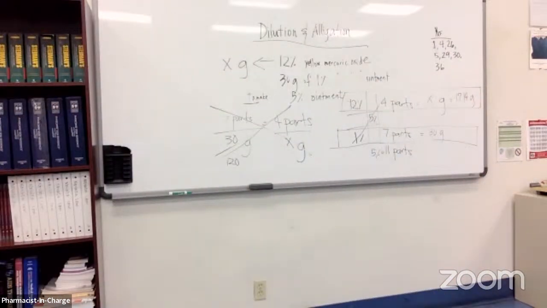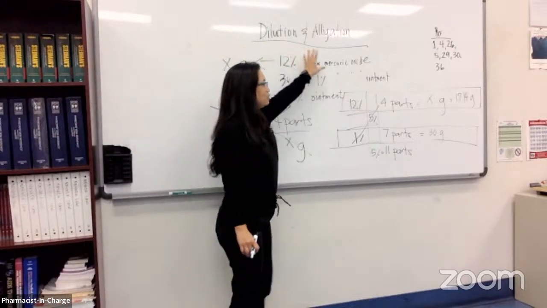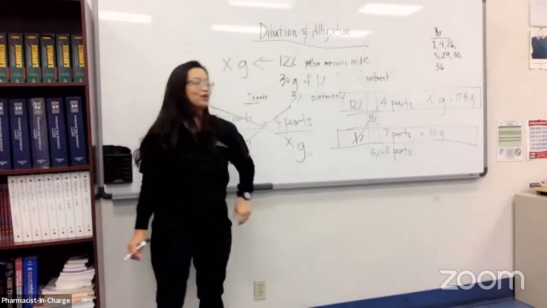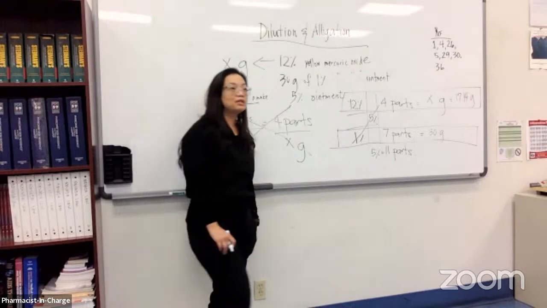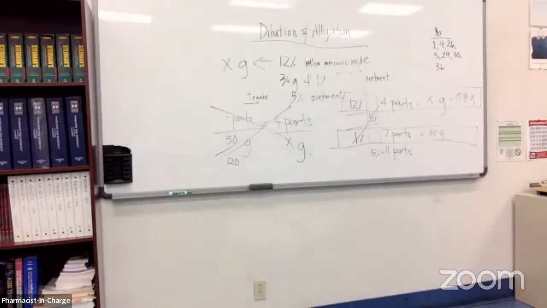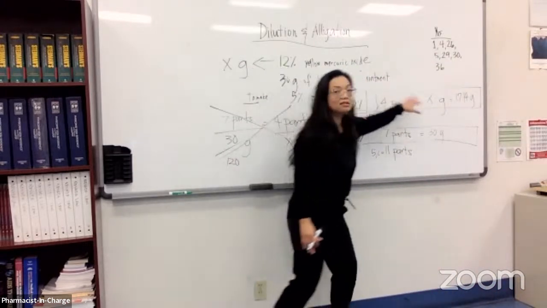You answered the problem, because the only question in the problem was how much 12% do you need to make 5% ointment? But I'm going to make it a little bit more complicated so that you can answer any question on the PTCE. You got this too, right?